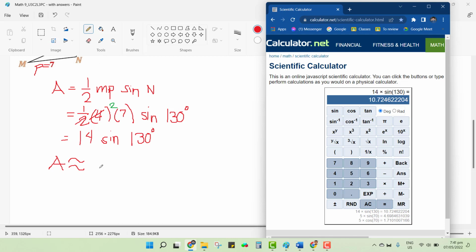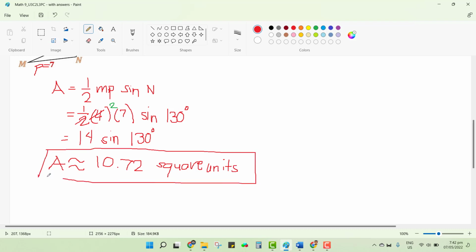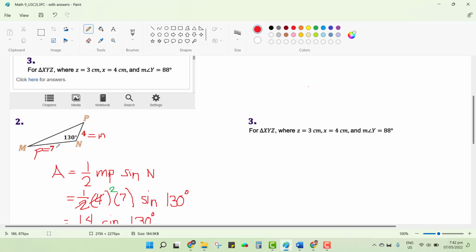You will have here 10.72. Declare the unit and make sure that it will cover an area. So you have here 10.72 squared units. This is now the area for the second figure here.